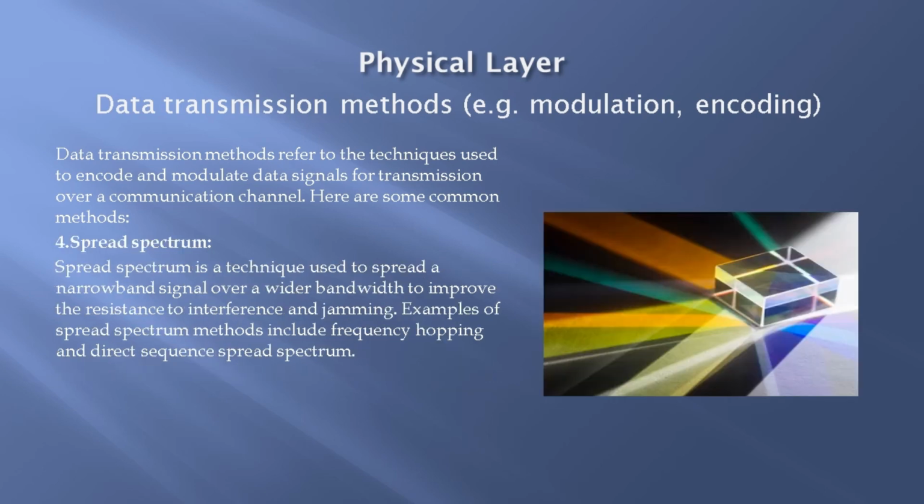Spread spectrum. Spread spectrum is a technique used to spread a narrowband signal over a wider bandwidth to improve the resistance to interference and jamming. Examples of spread spectrum methods include frequency hopping and direct sequence spread spectrum.